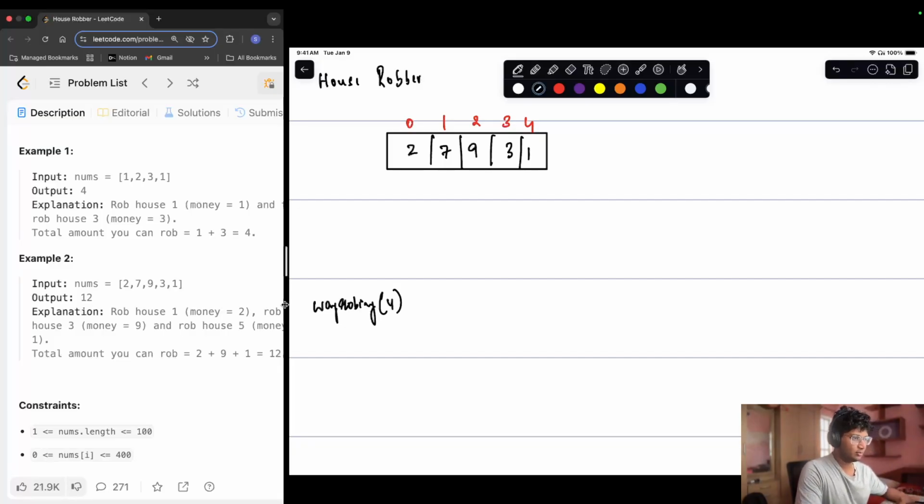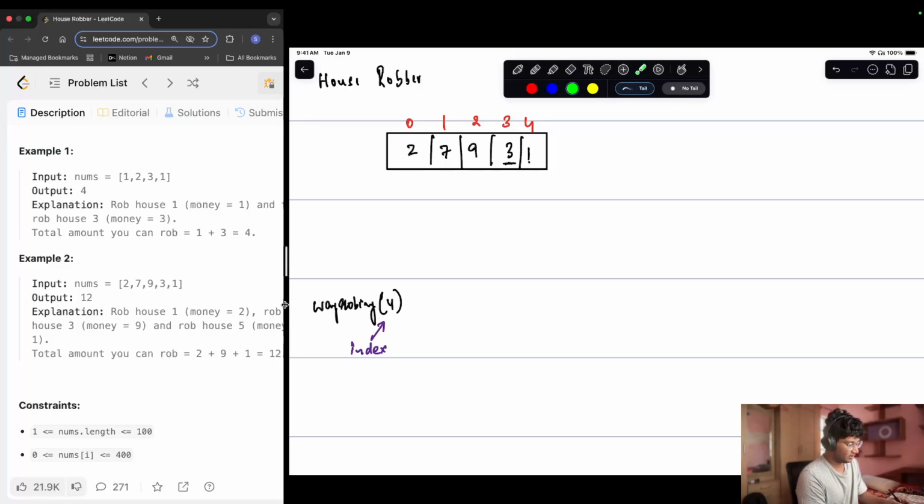Let's look at the possibility where I don't pick it. 4 is the index, so this is pointing at the index. If I don't pick 4, what can be my other possibilities? I have a chance of picking 3, because I'm not picking 4, so this one is not being considered.